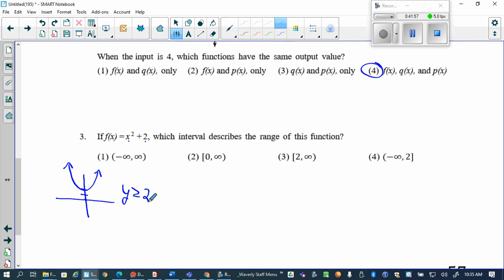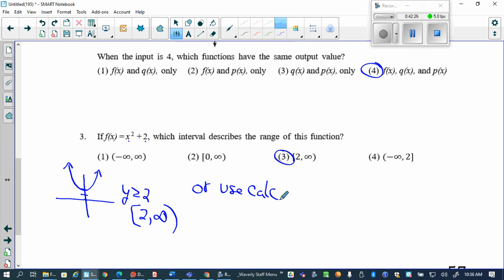But another way to write that would be what? 2 to infinity. But what kind of bracket on 2? A hard one. Yep, and on infinity? A soft one, right? So which choice is that? Choice 3. Now the other way you could do this is use your calculator.